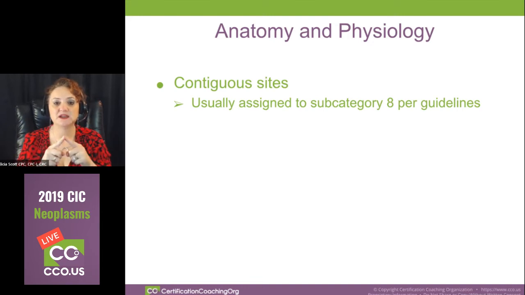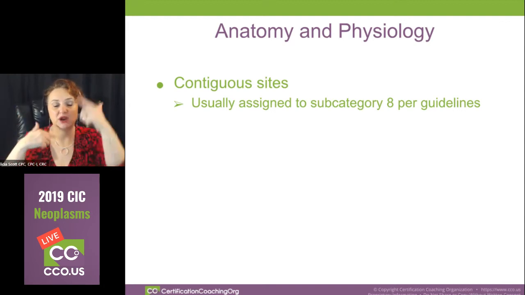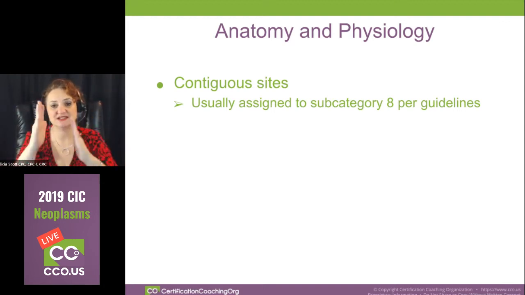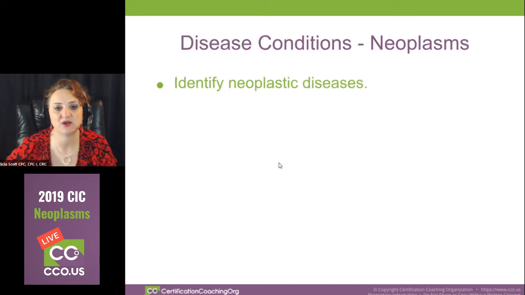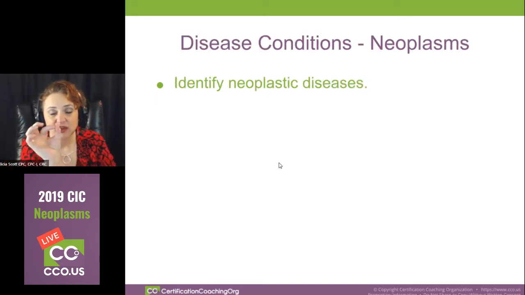Now, continuous sites means that the malignancy has spread throughout the entire breast or the entire lung or the brain. It overlaps what we've designated as specific categories, and there's a specific code. Let's say you have C32 point cancer, whatever that is.